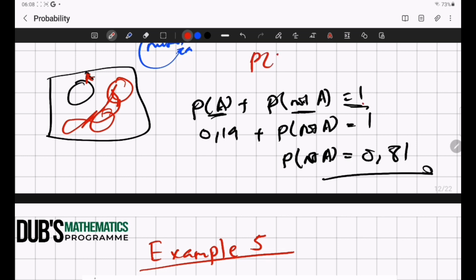Same thing, probability of B plus probability of not B would give you 1. Because either you are B or you are not B, and if you're not B, you could be anything else. So probability of any event and not that event will always sum up to 1. Just the baseline.